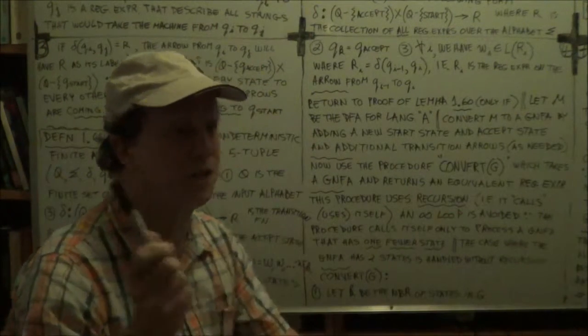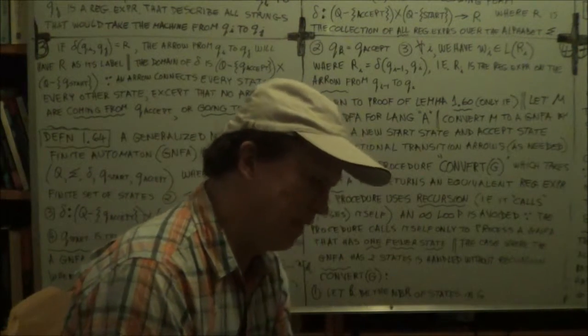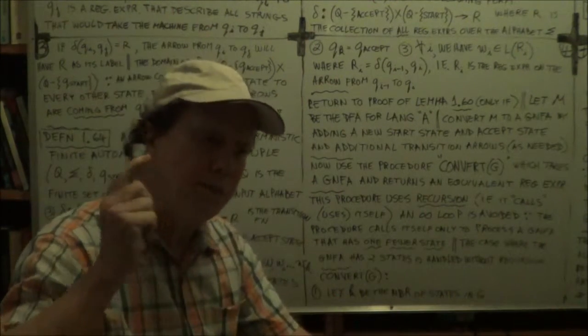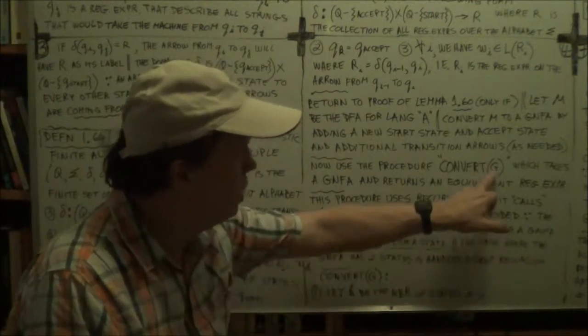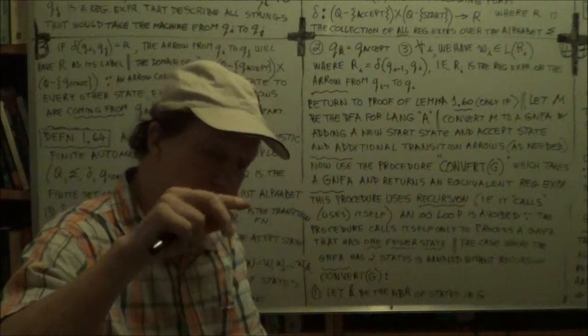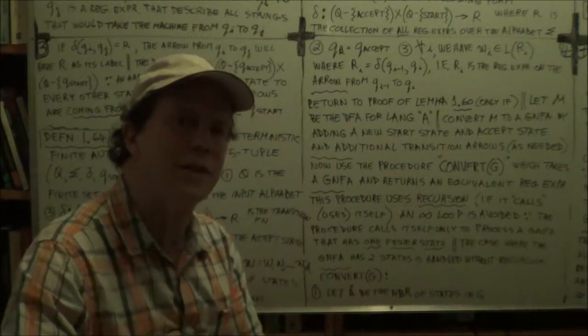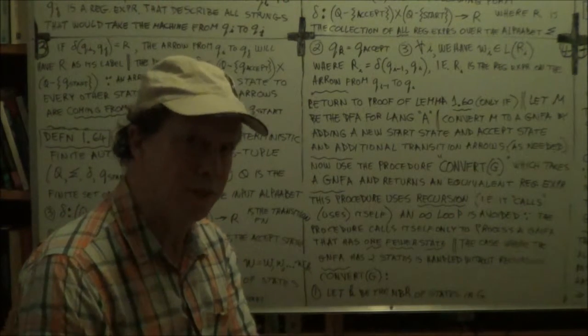Now I don't want to go into a whole lecture on what recursion is. This is not a lecture on techniques of computer programming. But anyway, you keep calling convert until eventually your G has only 2 states, and then your convert program is able to actually calculate what the answer is.